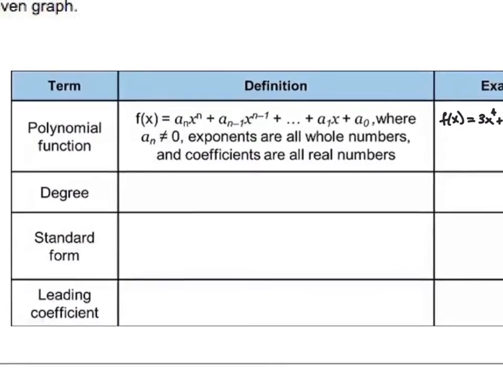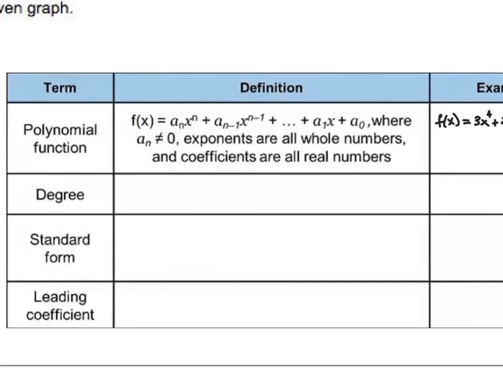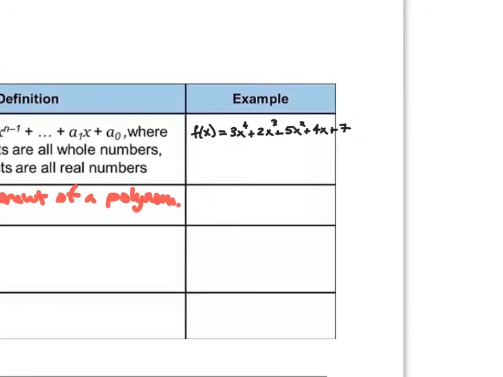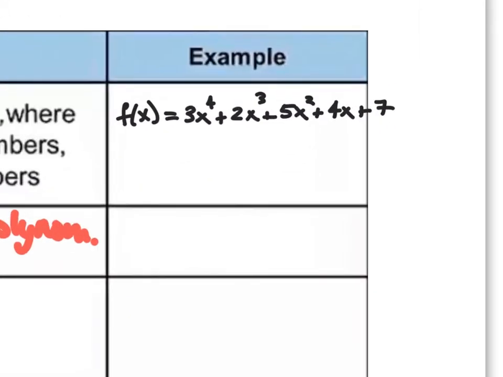Okay, the next one is the degree. The degree is an important word, okay? And this is the largest exponent of a function, or of a polynomial. So the example I have here, let's just continue to use this function that I've created.